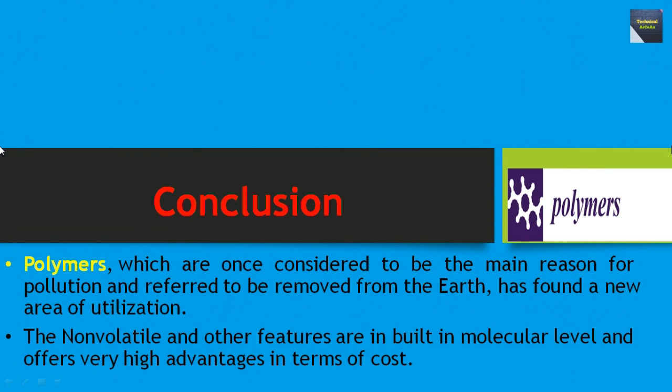Now if we conclude about polymer memory, we can say polymers, which were once considered to be the main reasons for pollution and were referred to be removed from the earth, have found new areas of utilization. The non-volatile and other features are inbuilt at the molecular level and offer very high advantages in terms of cost.